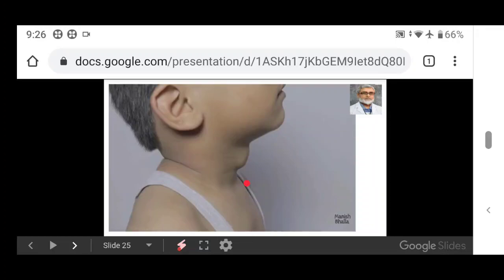Voice will be changed. So defective articulation occurs, as for example in pseudobulbar palsy.